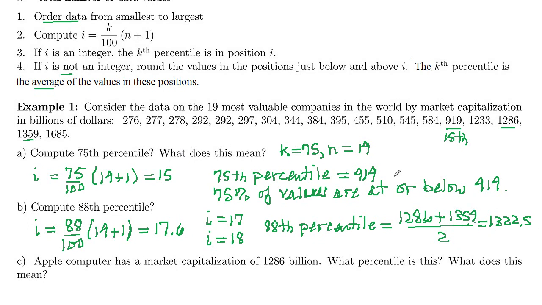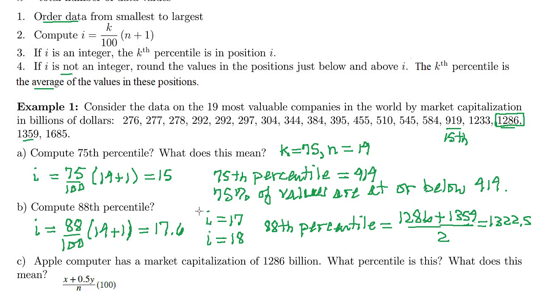So our Apple computer has a market cap of $1,286 billion. So right here is Apple. It's in 17th position. And we want to know what percentile is this and what does that mean?